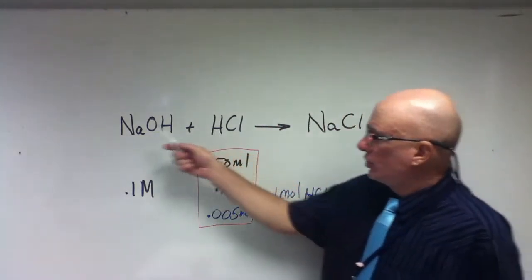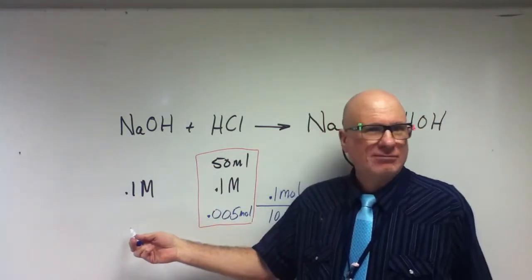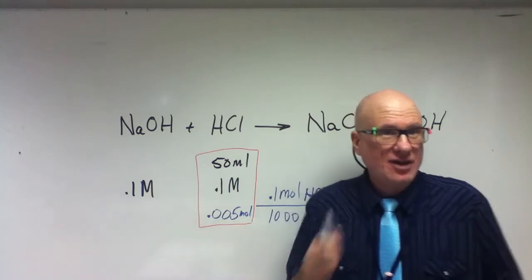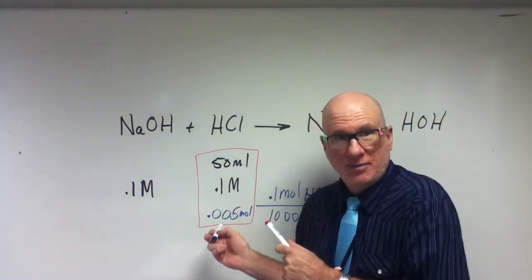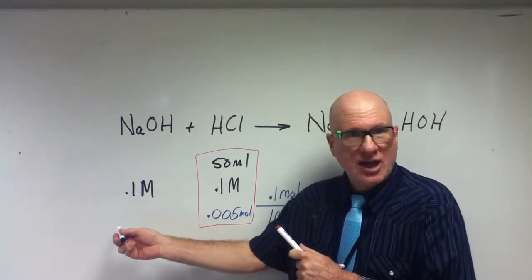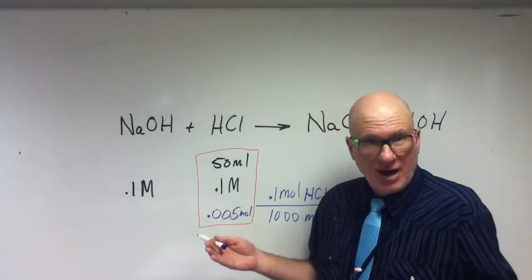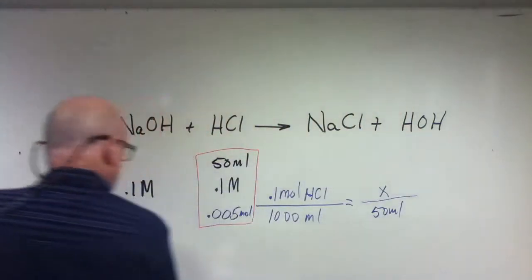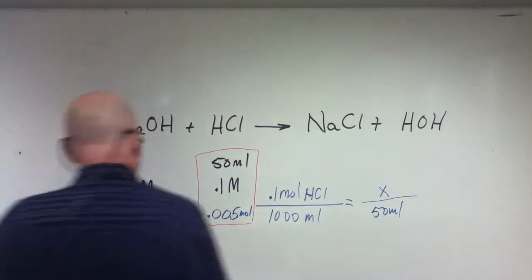So, this is 1-to-1. How many moles am I going to need here? Isn't it 1-to-1 particles? Doesn't this represent a particle? So how many moles of NaOH am I going to need to do this? Same, right? So I'm going to need 0.005 moles, right?